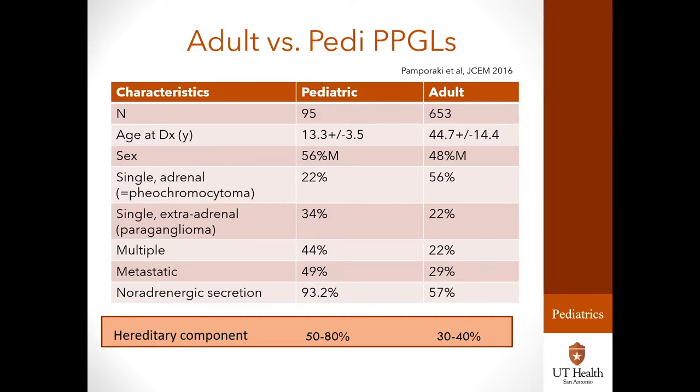Pediatric individuals also are more likely to have multiple lesions, and those could be bilateral pheos, multiple paragangliomas, or a combination of pheos and paragangliomas. They are more often metastatic, and almost invariably they have noradrenergic or norepinephrine secretion compared to adults. Their hereditary component, not surprisingly, is higher than in adults.